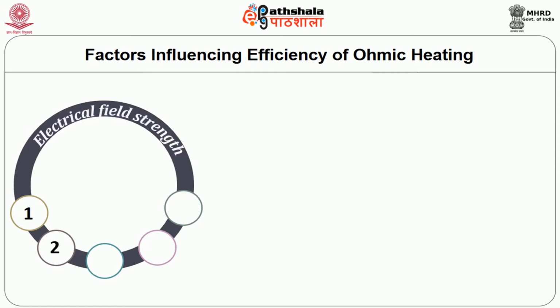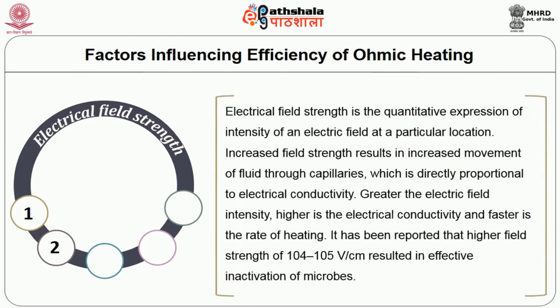The second factor is the electrical field strength. Electrical field strength is the quantitative expression of intensity of an electric field at a particular location. Increased field strength results in increased movement of fluid through capillaries, which is directly proportional to electrical conductivity.